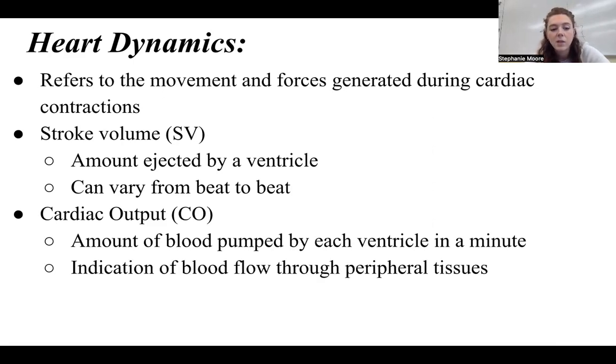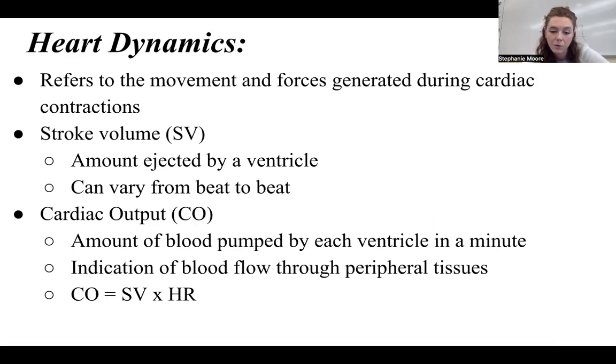Now, I said that there's going to be a little bit of math involved in this, okay? It's going to use the stroke volume in order to calculate it. And the reason that cardiac output is more important is because it indicates the blood flow through peripheral tissues.